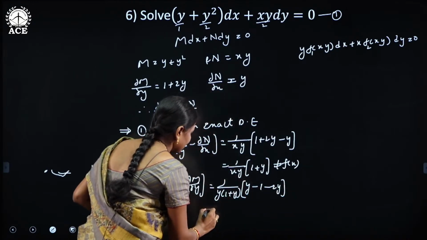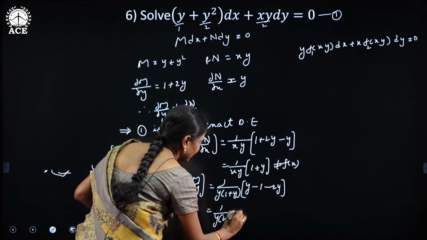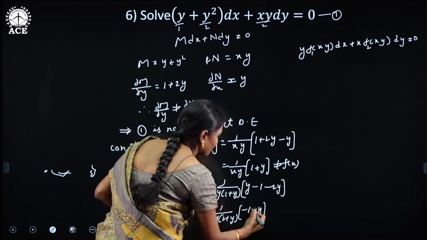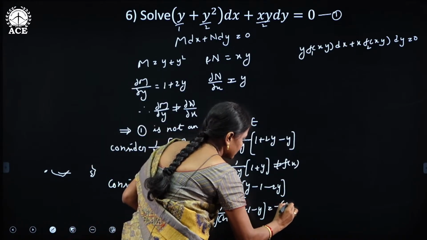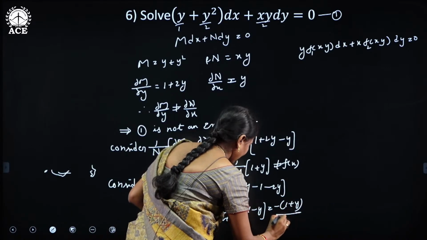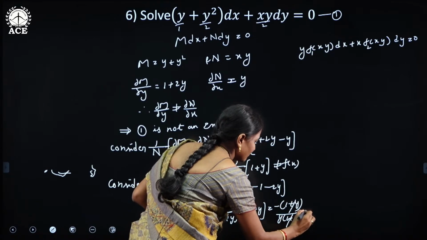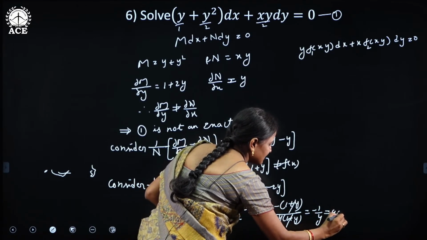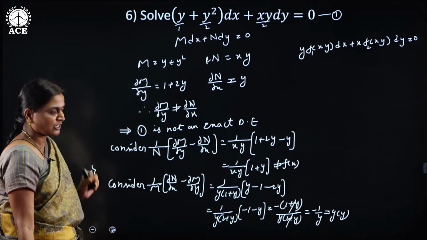So if we simplify, 1 by y into (1 plus y) into (y minus 1 minus 2y). If we take minus common from the numerator, that is minus (1 plus y) by y into (1 plus y). So if we cancel 1 plus y, we get minus 1 by y, which is a function of y only.